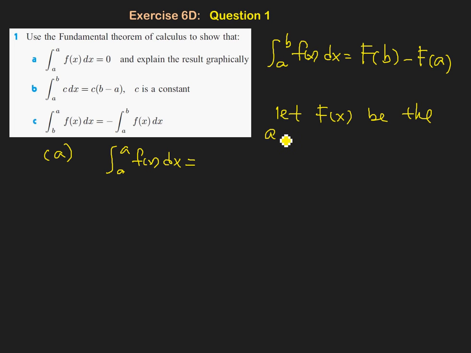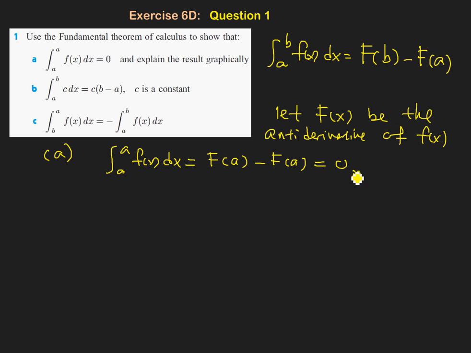It's not important. So let's assume that big F is the antiderivative of the small f function. Okay, and so it means that this is F(a) minus F(a), and it's going to be 0.